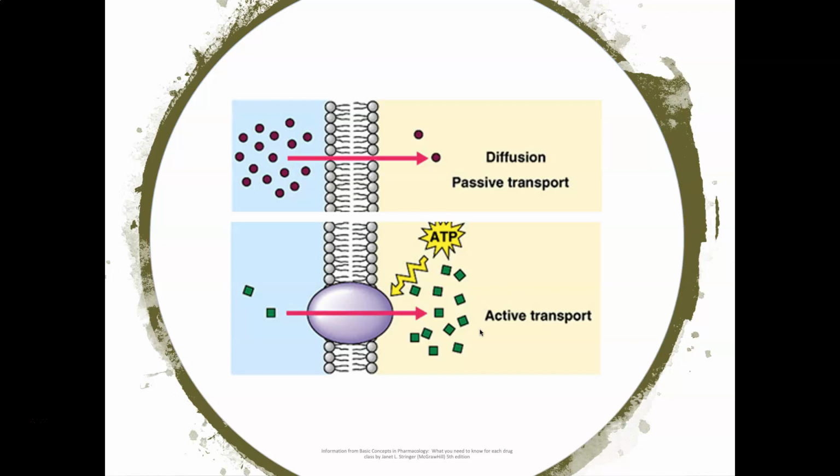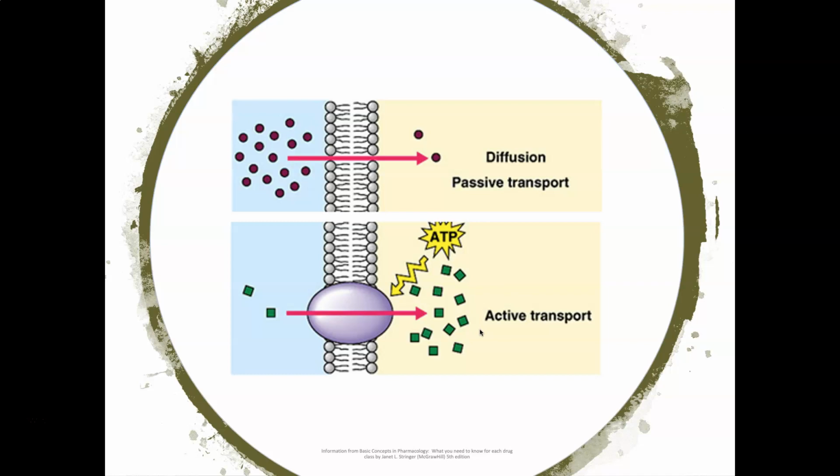Active transport, on the other hand, requires ATP, which is another word for energy. And so you have to have the body releasing energy, or meaning the cell. The cell itself has to release energy in order to move these molecules past the membrane and into the cell. So let's say you have a drug and it's gotten all the way to the cells of the brain.